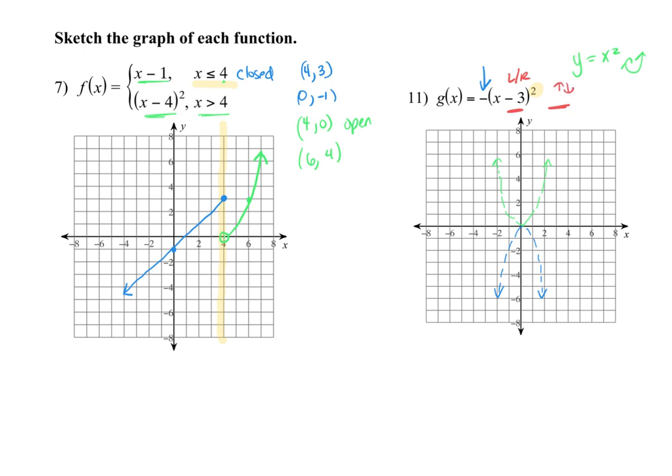Okay? So inside's going to tell you left and right, outside's going to tell you up and down. Remember, inside goes opposite. So if it says -3, I'm actually going to go to the right 3. And I don't go up and down at all for this particular one. So I'm just going to take that graph that I just had, and I'm just going to move it to the right.